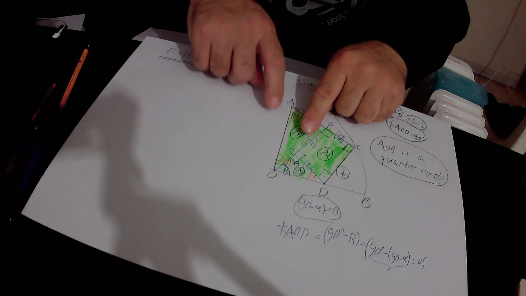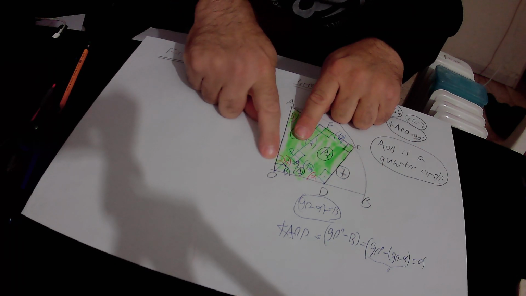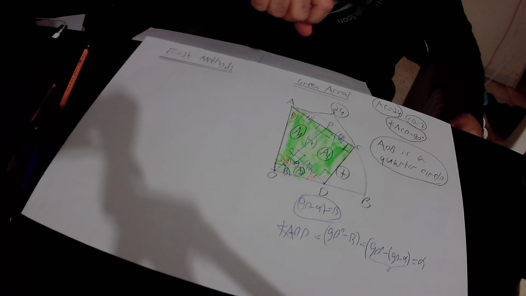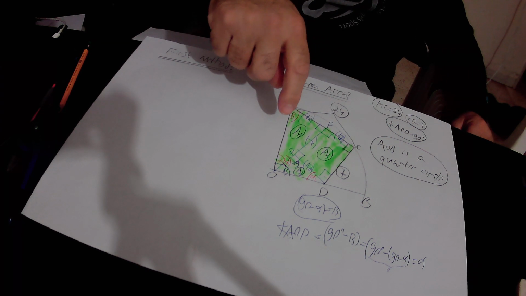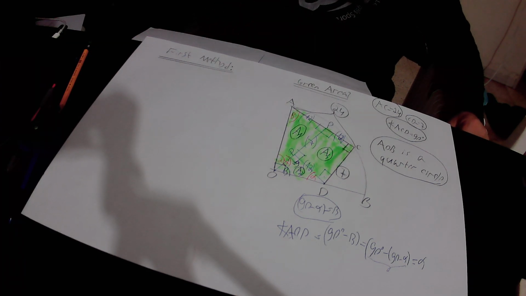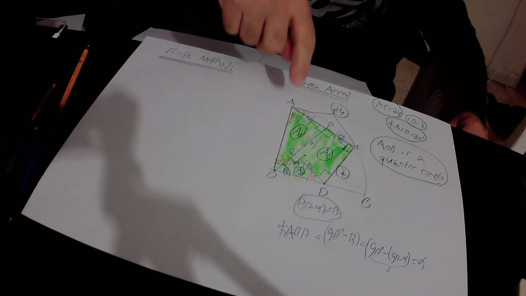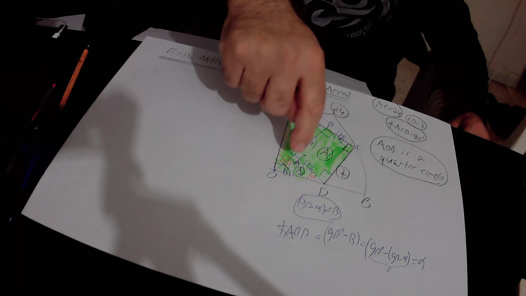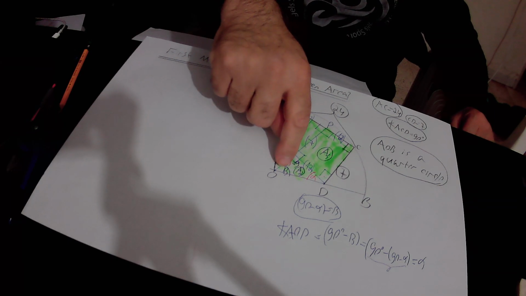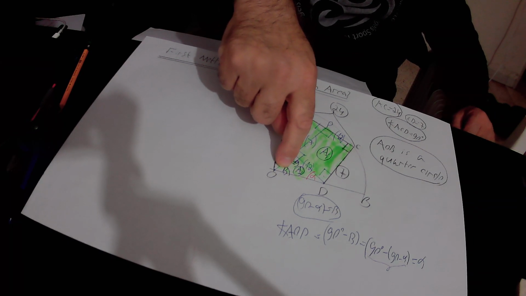Then we define the length of this line segment QO as X. We focus on the right triangle QOD, and we define this angle as alpha. So in the right triangle QOD, this angle equals alpha, this angle equals 90 degrees, therefore the missing angle here must be equal to 90 degrees minus alpha. Why?